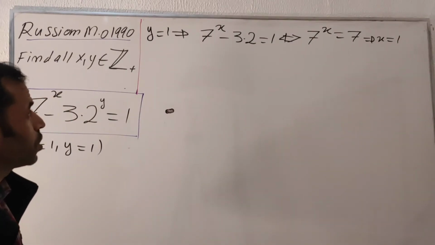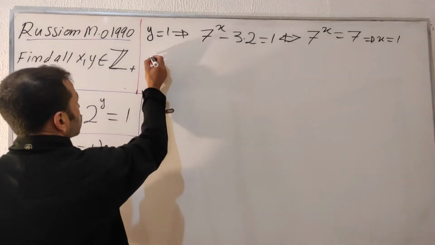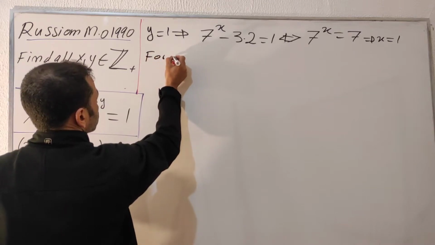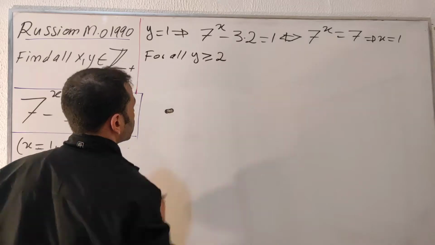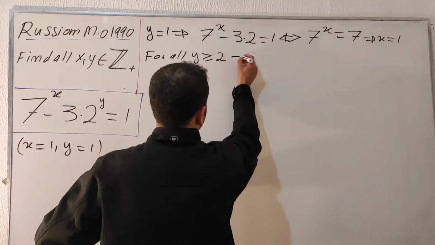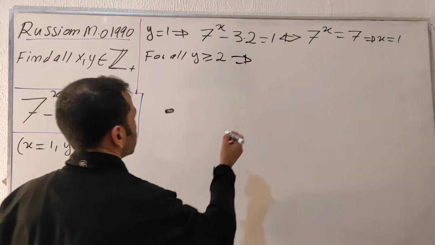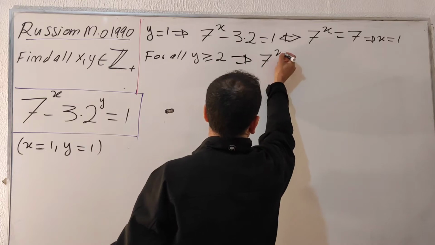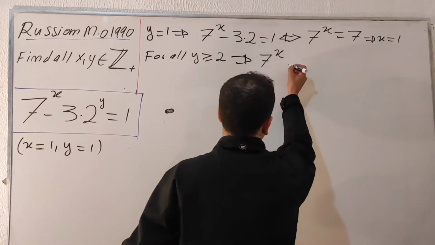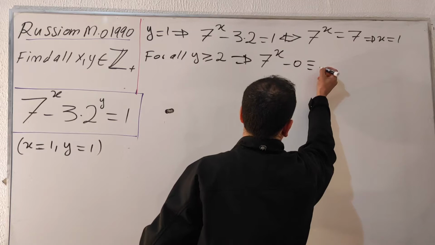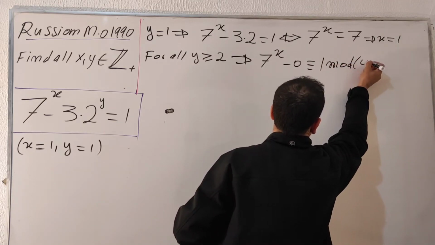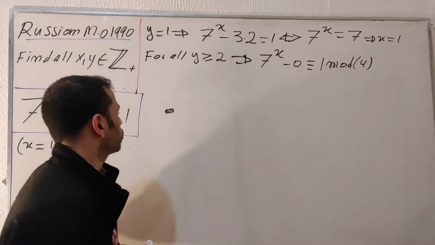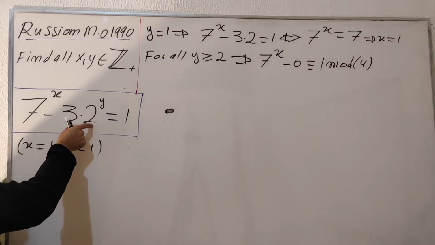Now let's move on to the next values. For y greater than or equal to 2, this equation will be reduced to the following: 7 to the x is congruent to 1 mod 4. We get 0 on the other side because 3 times 2 to the y is divisible by 4.